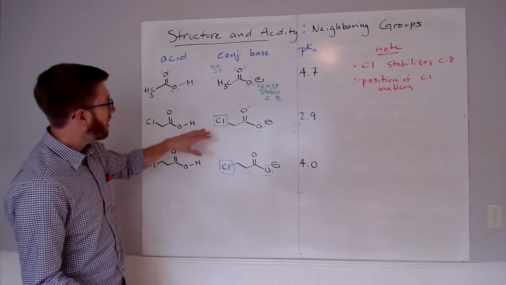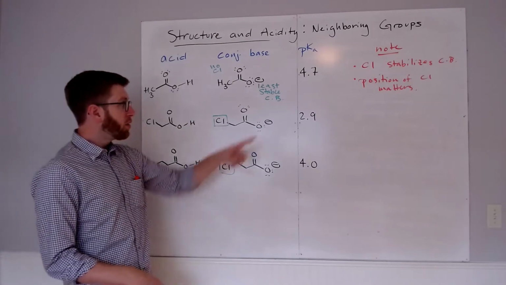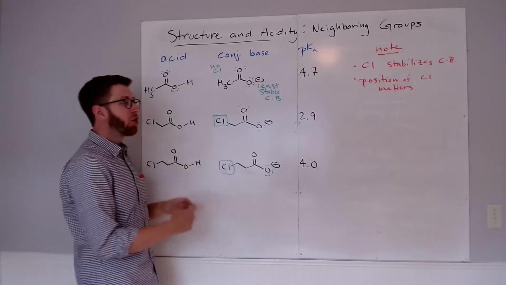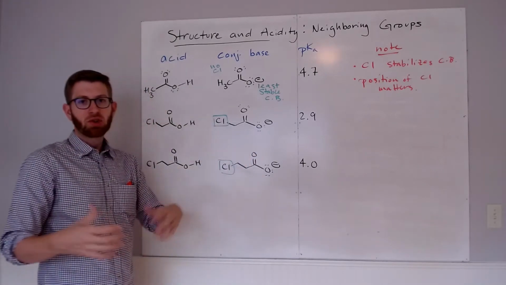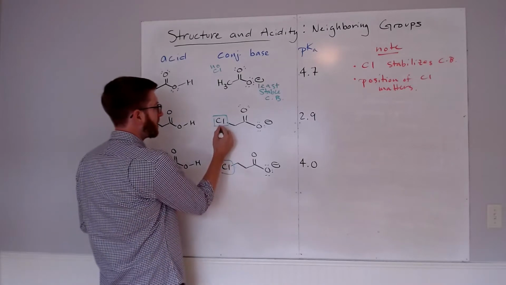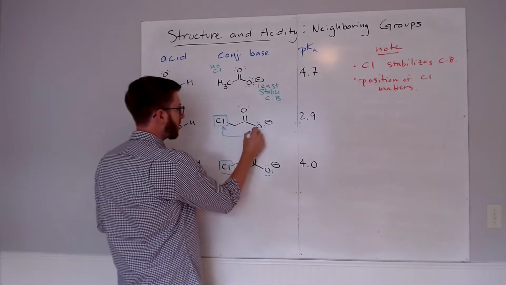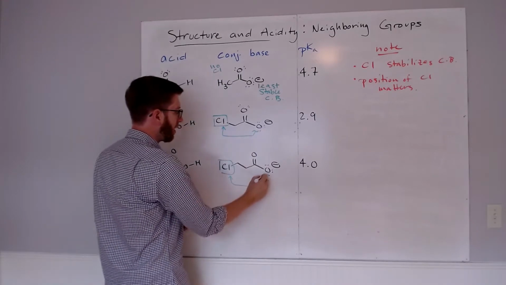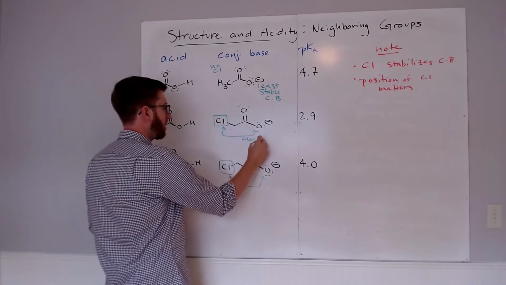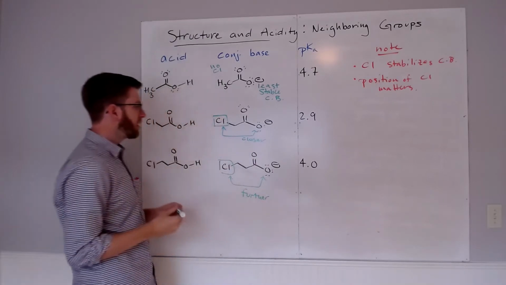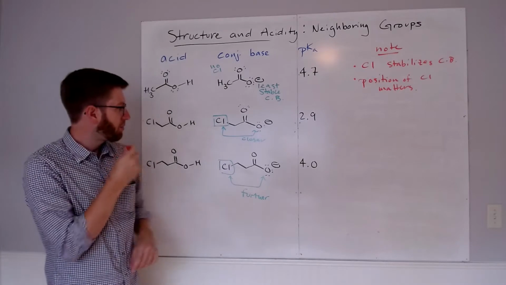But if I'm trying to talk about what the chlorines are doing, and I notice that position matters, I might start to think about, well, where is the chlorine relative to this atom that's essentially building up electron density? One thing that I can notice is that this chlorine is closer to this oxygen than it would be in the case here. So this is closer, this is further, and that tells me something else. The position of the chlorine matters.